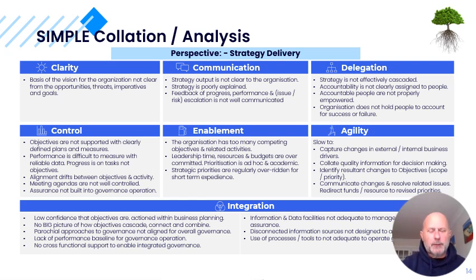The framework we've used is clarity, communication, delegation, control, enablement, agility, and integration. So these are areas that we can dig into around strategy delivery. This is an approach you could take with any theme and break it down into any set of headings like this. The idea is that we're trying to understand current state.